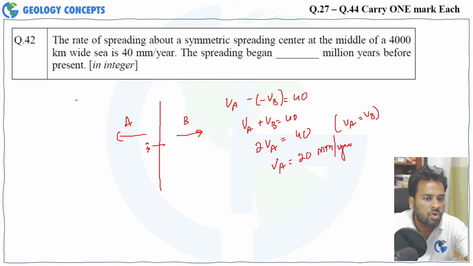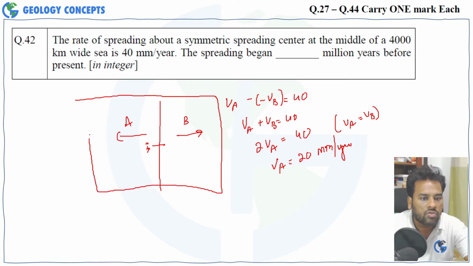And this whole sea is 4000 kilometers wide, so one end will be around 2000 kilometers. Time is distance upon speed, so 2000 divided by 20.